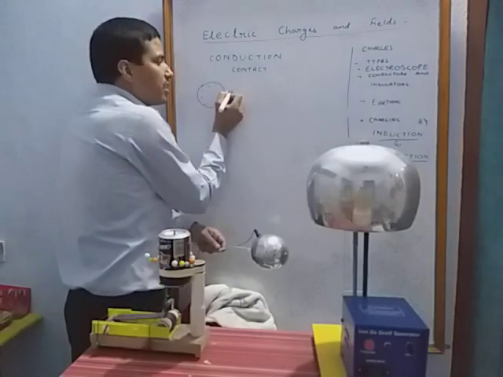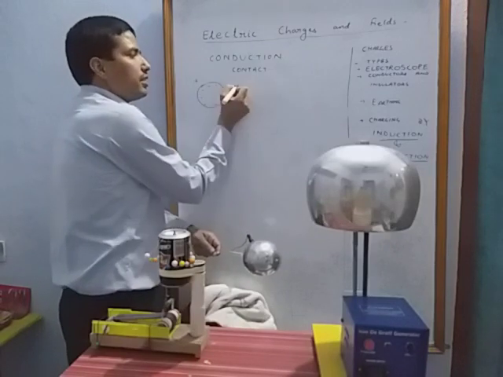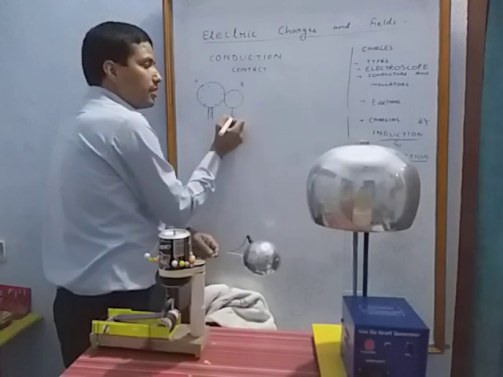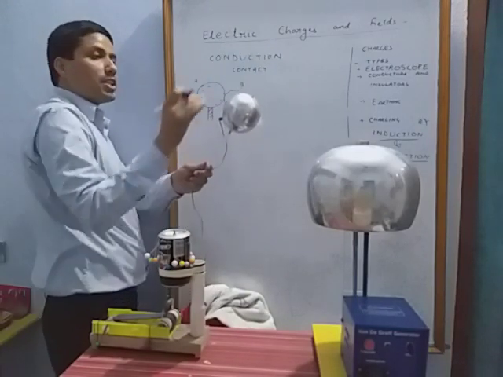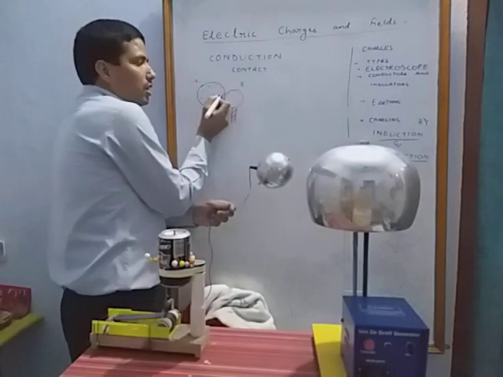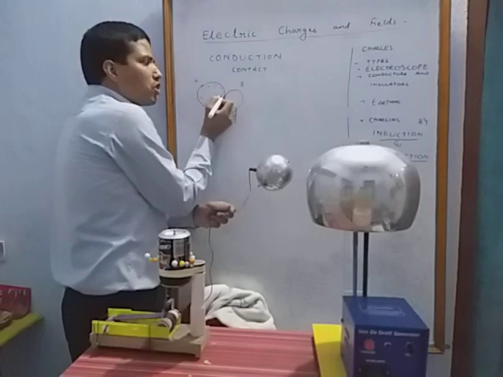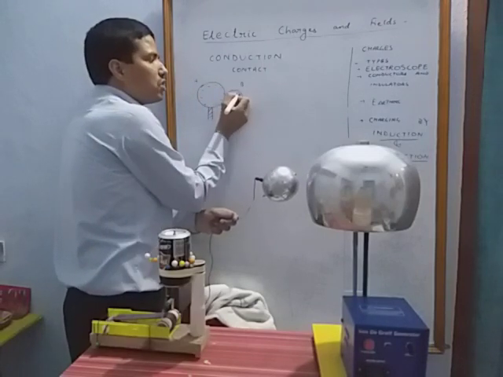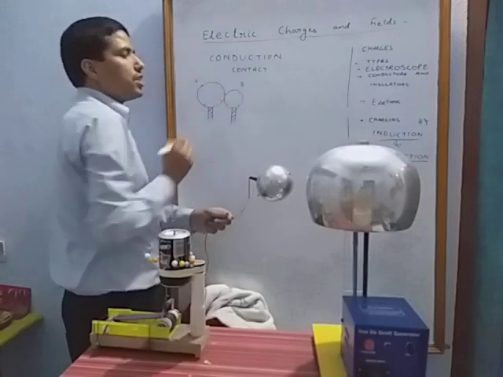If I bring another metal in contact, this was metal A, this is metal B, and they have insulating supports, this is insulator, so that the charge does not flow out. So the excess electrons will also flow to the other metal. This also gets negatively charged.